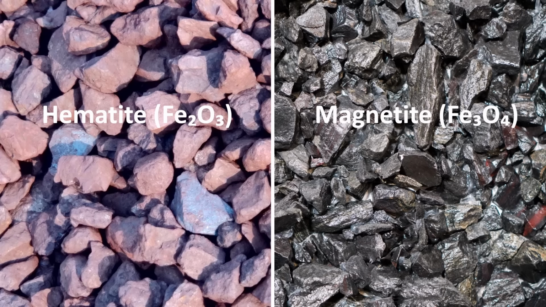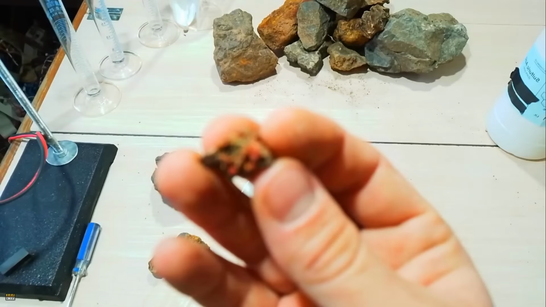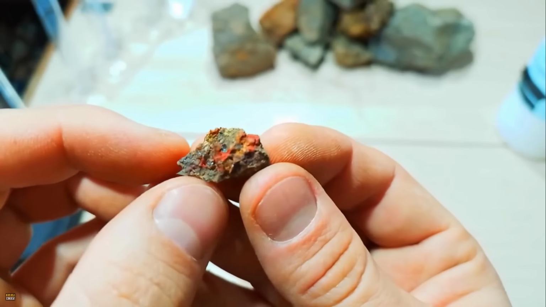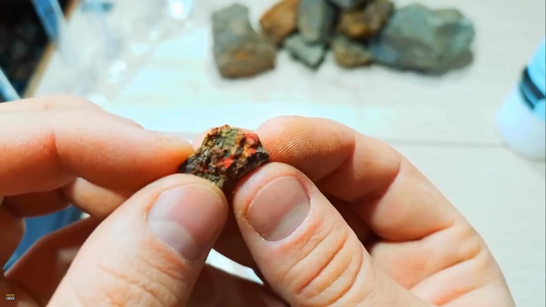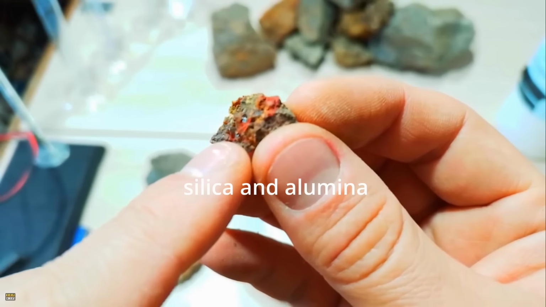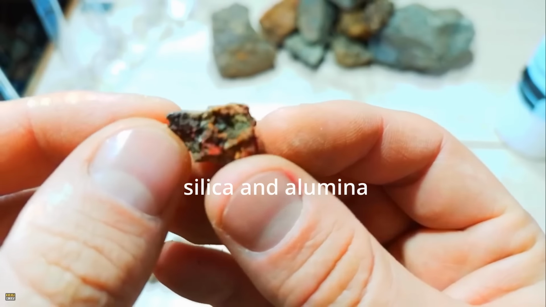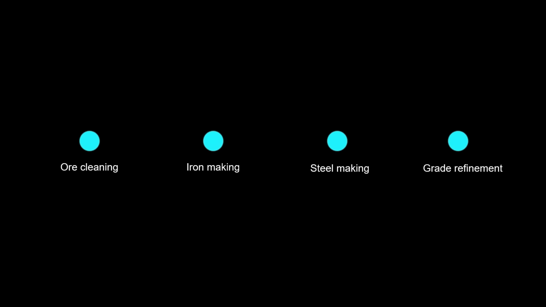There are mainly two types of iron ore. Hematite, which contains 60 to 65% iron, and second is magnetite, which contains around 30 to 45% iron. So hematite is considered better. But these ores are mixed with impurities, waste materials like silica and alumina. So the first step is to remove the impurities.